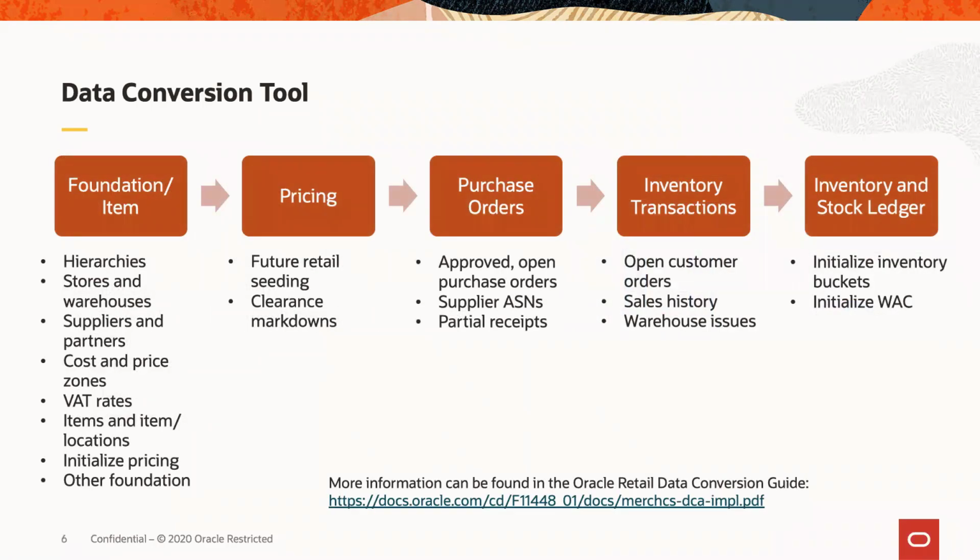So this is the general scope of what the conversion tool supports today in terms of data conversion. A lot of it is foundation data, and then some support for pricing. From a transactional perspective, we don't have a lot of the entities supported.